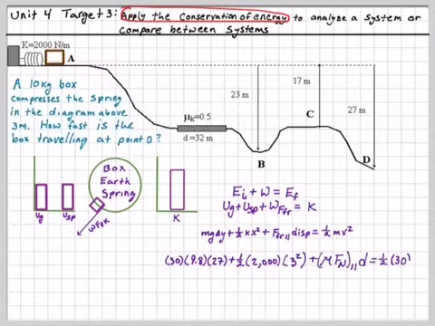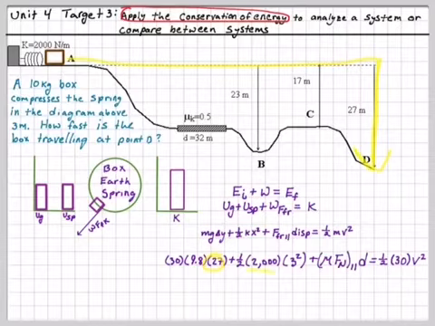We know the mass of the box, we know the gravitational field strength, we know that the height is 27, that's given to us right here, the height that it's going to go down or change its y position. We know the spring constant is 2,000 newtons per meter, and we know that it's compressed 3 meters. And we know the mass of the box is 30 kilograms. So we can plug all those values in.